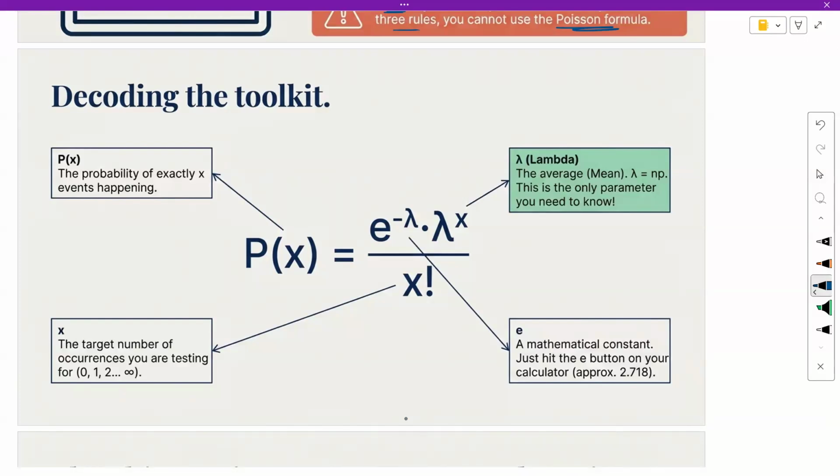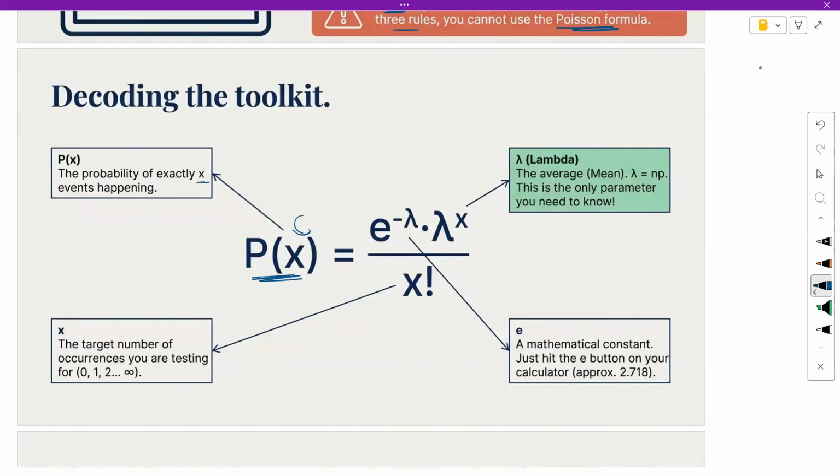So, Poisson probability distribution. Here is the formula, P(x). Here P(x) means the probability of exactly x events happening. So for example, exactly 5 calls received, or the probability of 5 accidents happening, like that.